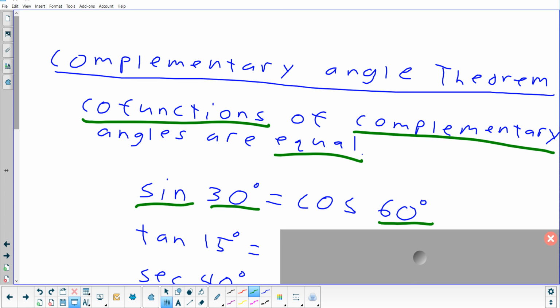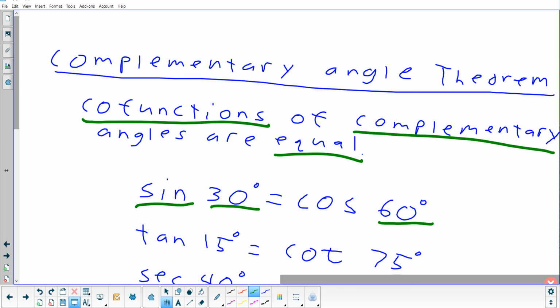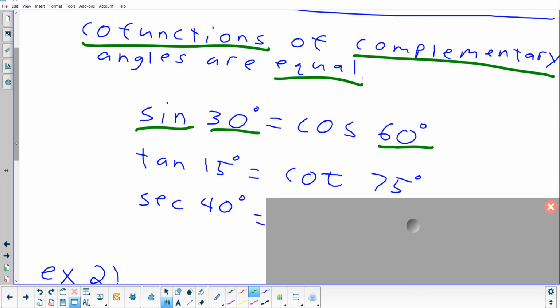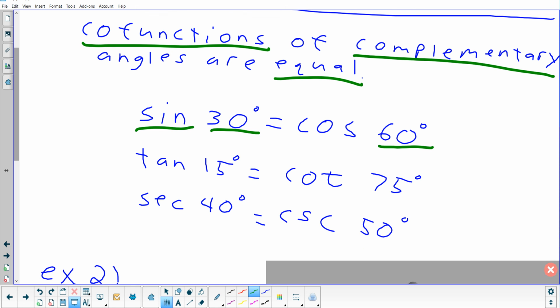Oh, 180. Wait, 90. So it'd be 75. And how about the secant of 40? What would that be the same as? Again, don't care what it is, I just want to know what it's the same as. Cosecant 50.